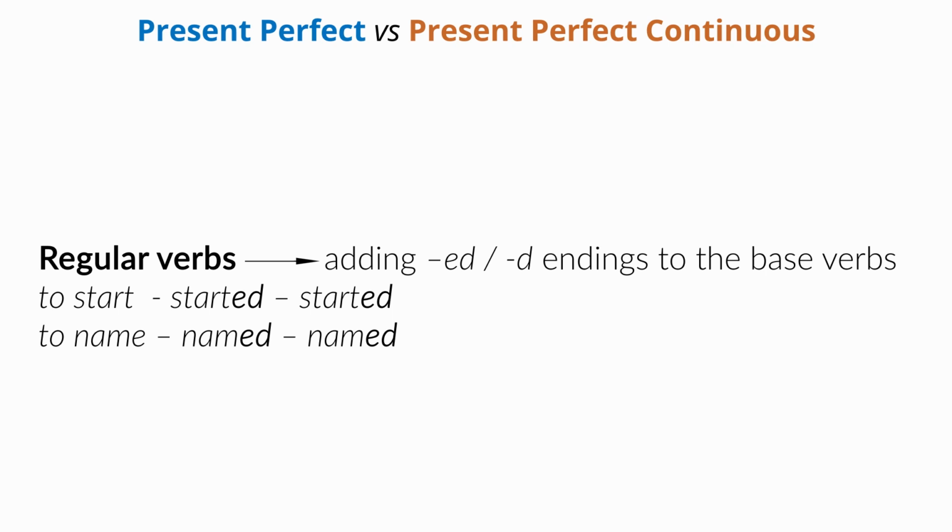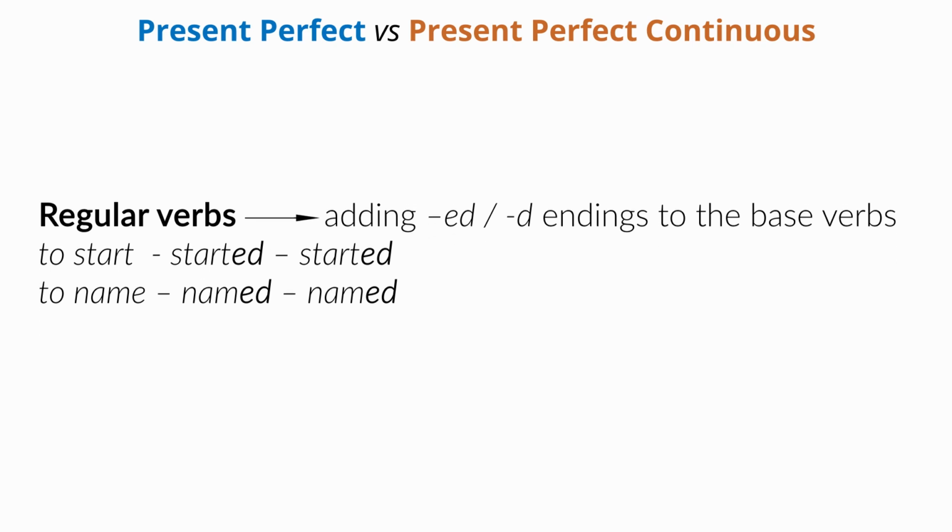Regular verbs form past and past participle by adding ed or d endings to the base verbs. For example, to start, started, started, or to name, named, named.